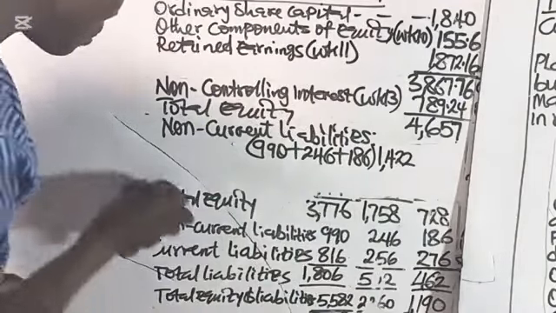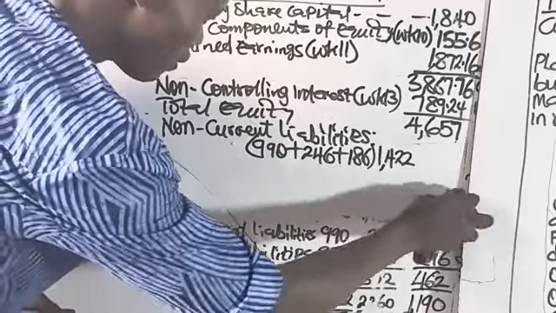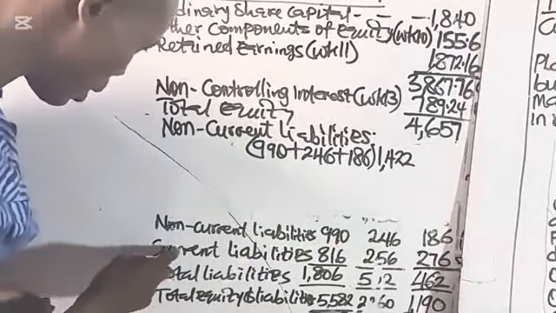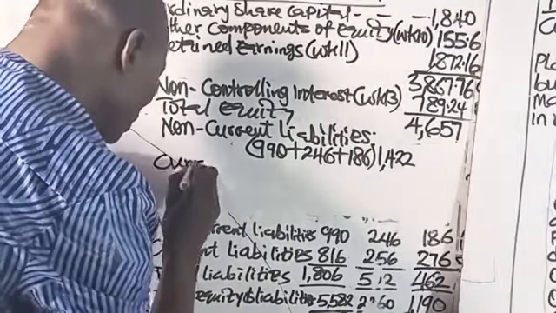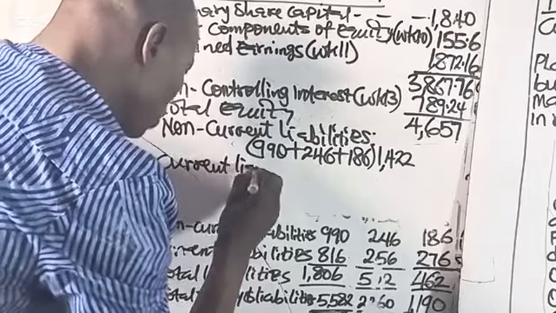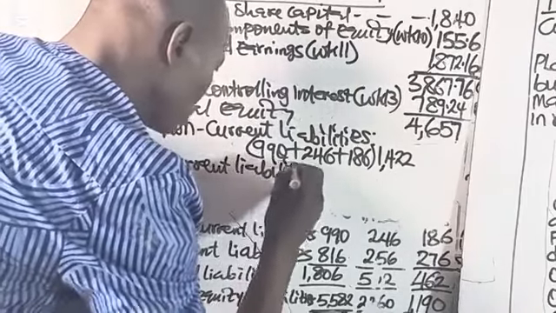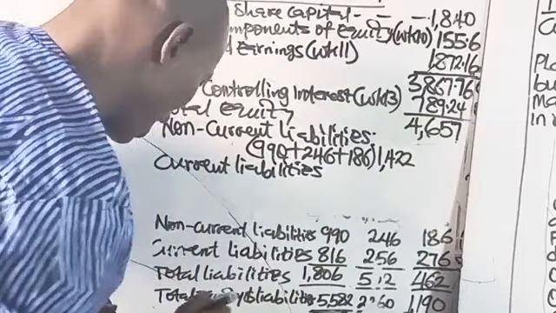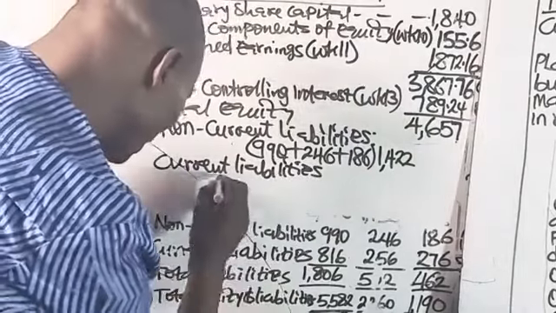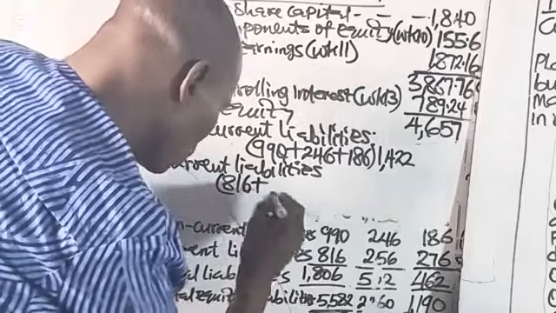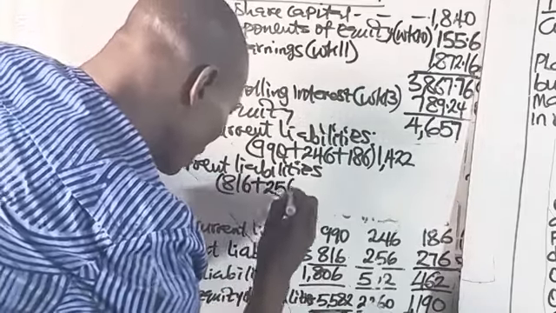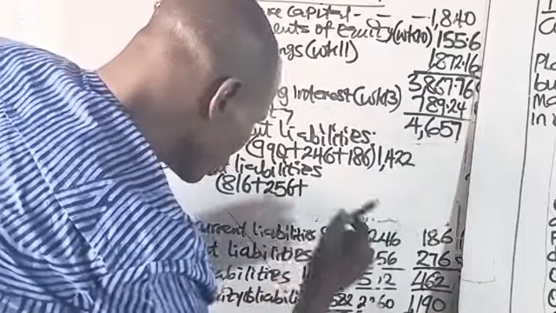After the non-current liabilities, then we have the current liabilities. We have 816 plus 256 plus 276.